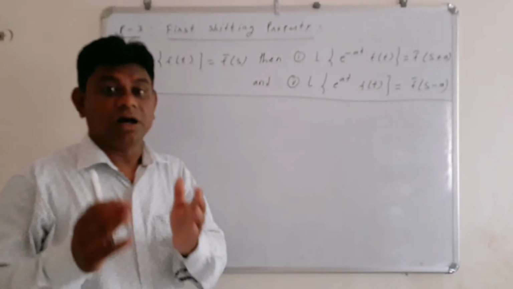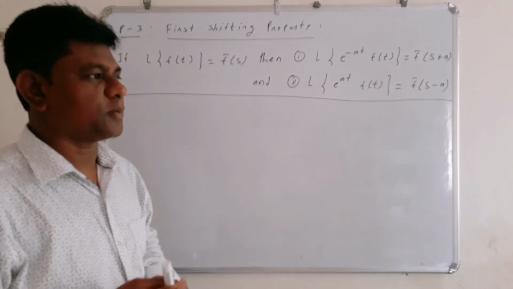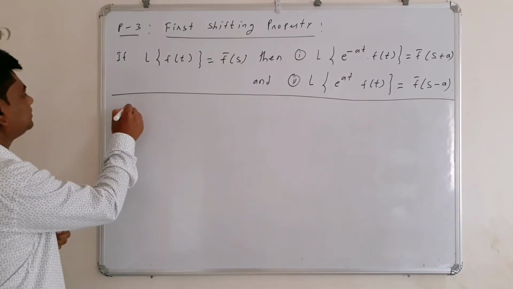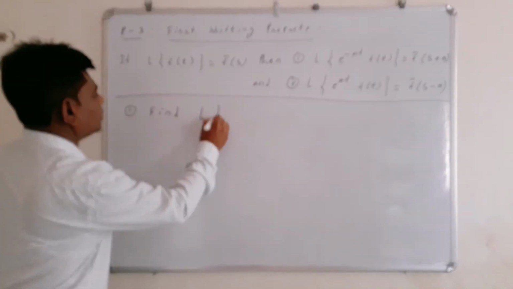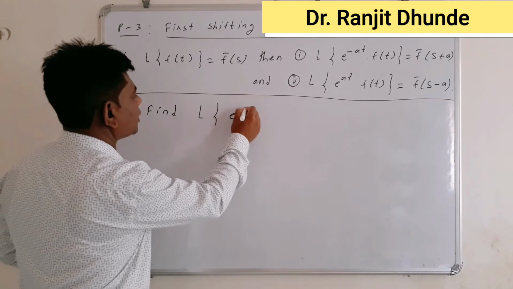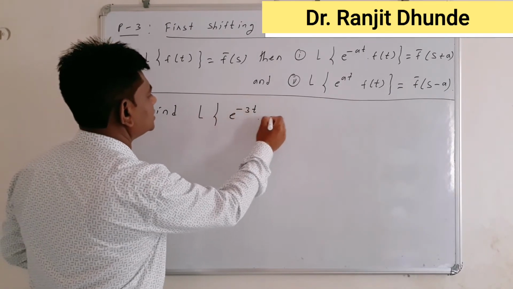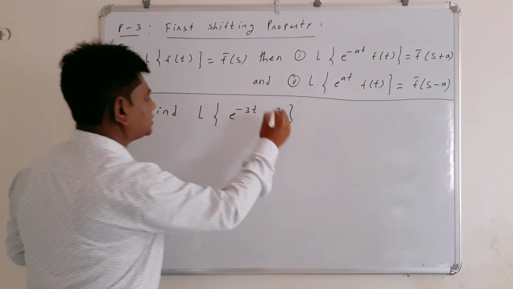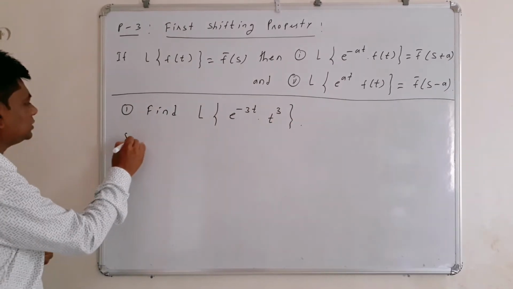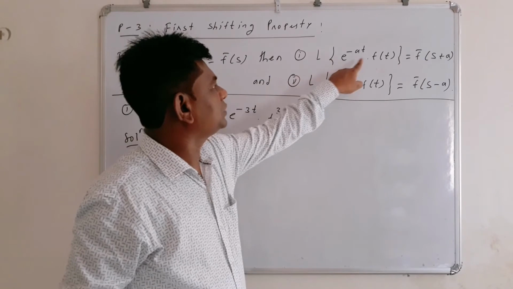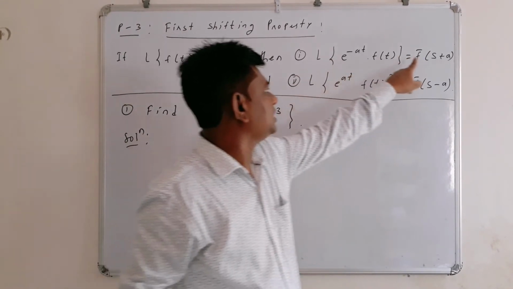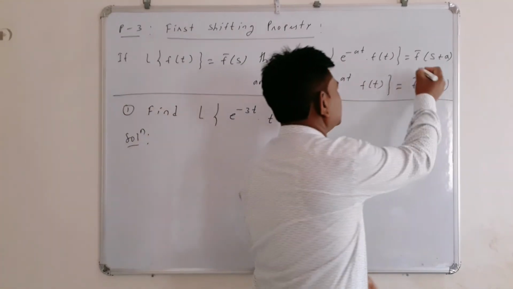Let us see the application of shifting property. Number 1, find Laplace transform of e to the power minus 3 times t to the power 3. Now its solution. Laplace transform of e to the power minus at f of t is equal to f bar s plus a.